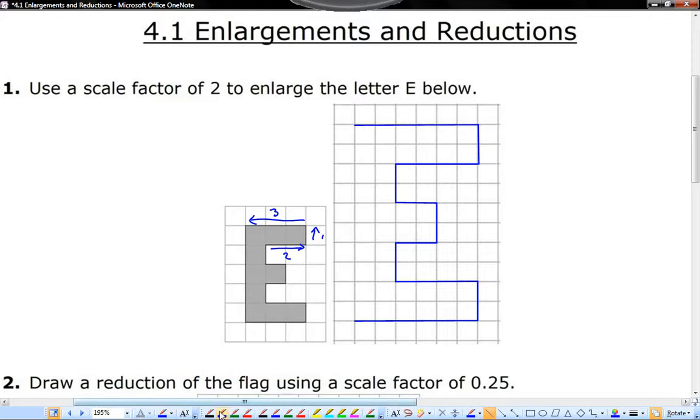And notice that here the height is 1, 2, 3, 4, 5 units. And here this is going to be 1, 2, 3, 4, 5, 6, 7, 8, 9, 10 units tall. And that's pretty much it. You can do some shading in if you like. And for me, I think I'm going to go like this.